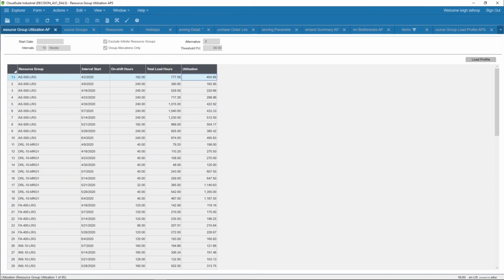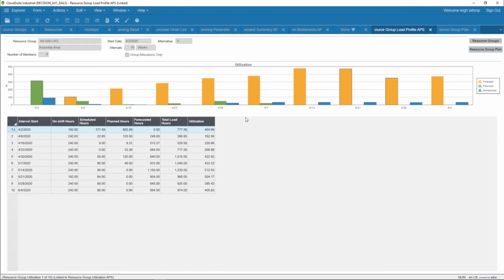We've talked about how to come through here and do the resource adjustments, right? And scheduling can provide us with these load profiles. I like this view, right? I like this view because it tells me here are my on-shift availabilities, and here it tells me my different kinds of loads, and it tells me where I'm at.